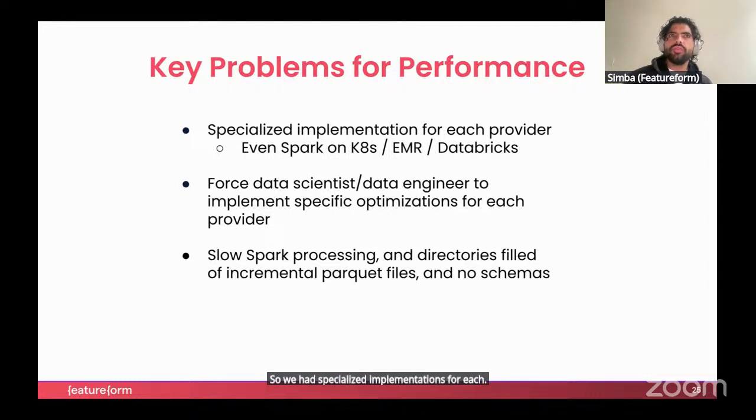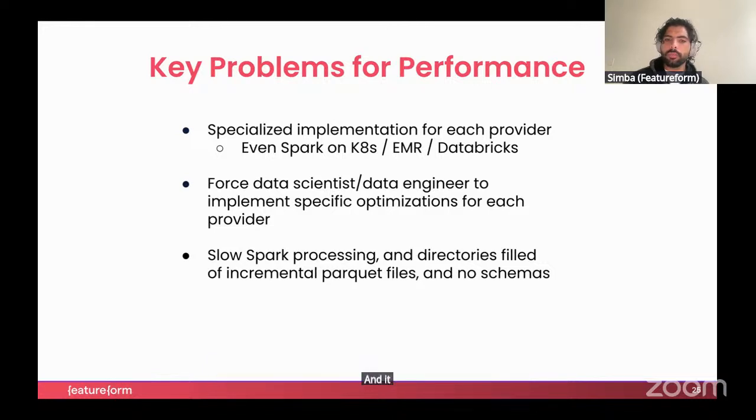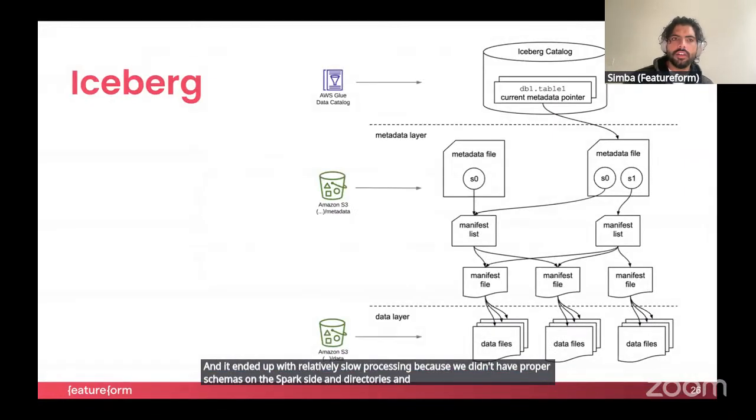And because they're so different, the optimizations we would perform would be different. And there was some stuff that we could do generically, like we knew this makes EMR faster, this makes Databricks faster. But in practice, a lot of that got pushed up to the data scientists. And it ended up with relatively slow processing because we didn't have proper schemas on the Spark side and directories and all these other things.